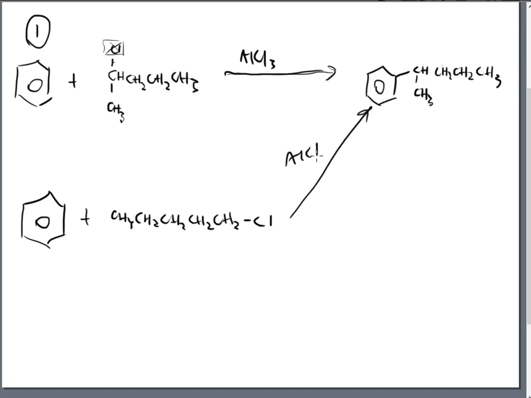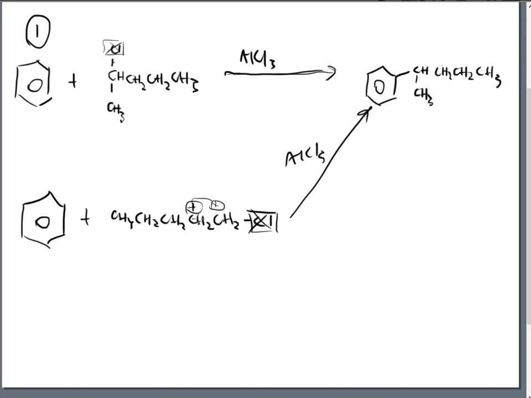And I'll still add AlCl3 to it because one of the things that we knew is that these types of alkyl halides will rearrange because we're forming a full carbocation. So even though I've picked a straight chain 5-membered carbon here, when this chlorine goes ploop, off it goes, we form a carbocation that will then shift because that's a secondary spot.